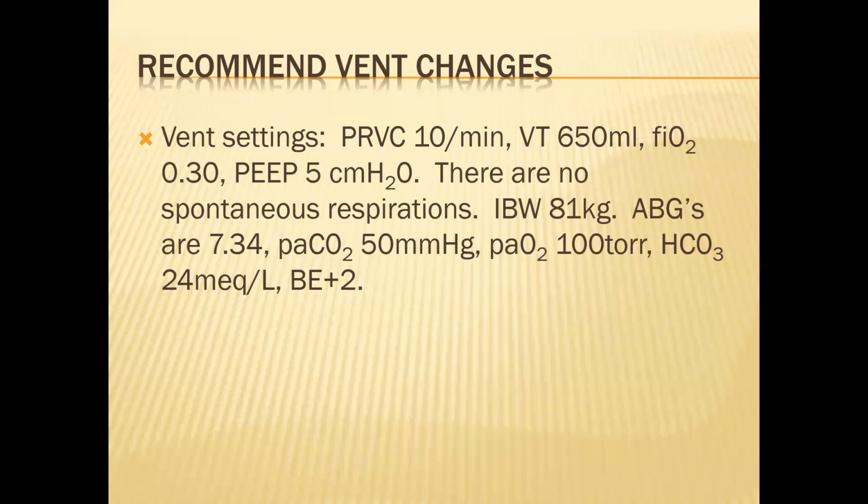There are no spontaneous respirations. Patient's ideal body weight, 81 kilograms. It's a big person, right? Ideal body weight. So ABGs are pH 7.34, PaCO2 is 50 millimeters mercury, PaO2 100 torr. The bicarb is 24 with a +2 base.